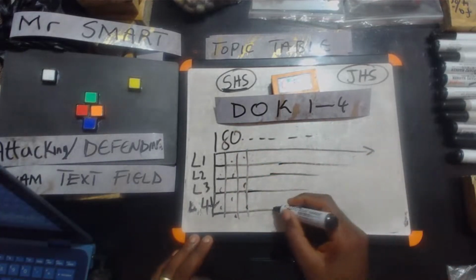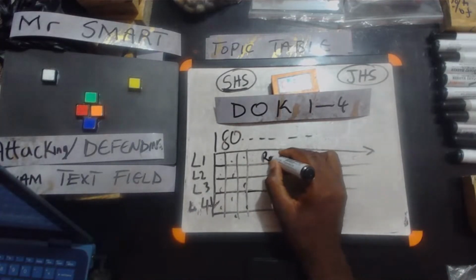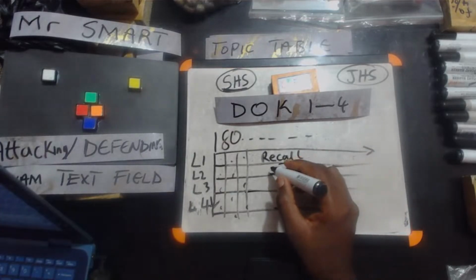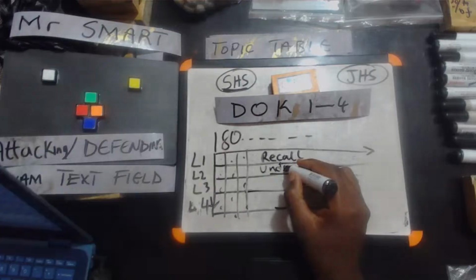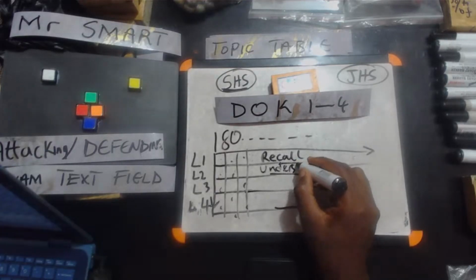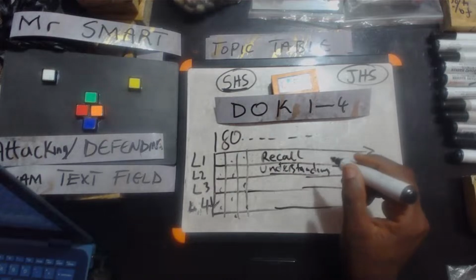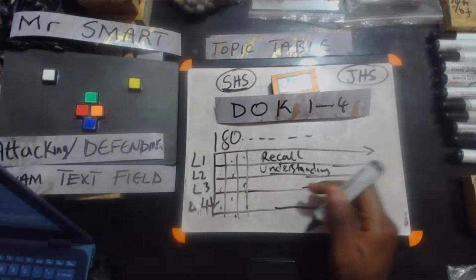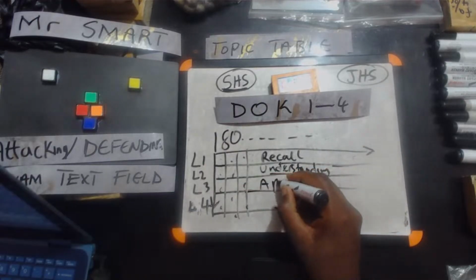The first level of difficulty is called recall. The second level of difficulty is called understanding. The third level of difficulty that you are going to face for each topic is called application.